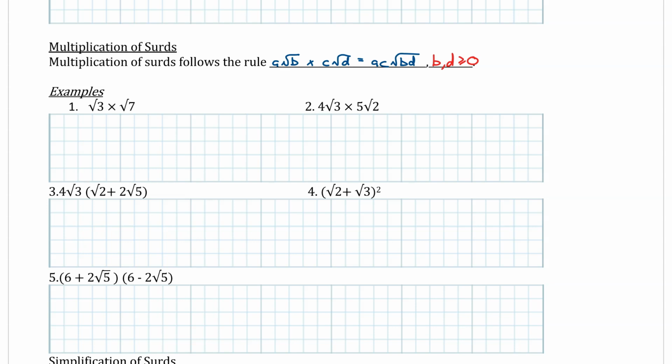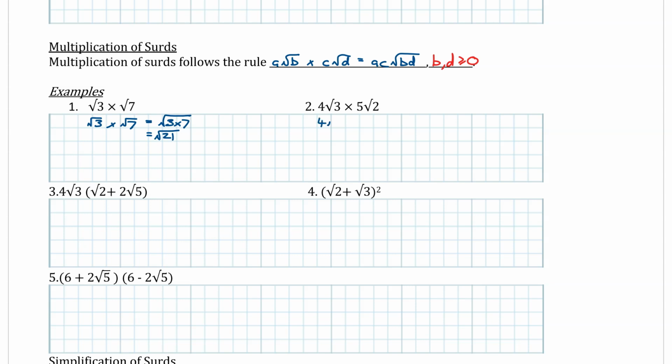Now, for the examples, example 1, root 3 times root 7. Following the rule that we just mentioned above, root 3 times root 7 simplifies down to the square root of 3 times 7, and that becomes root 21. Question 2, 4 root 3 times 5 root 2.